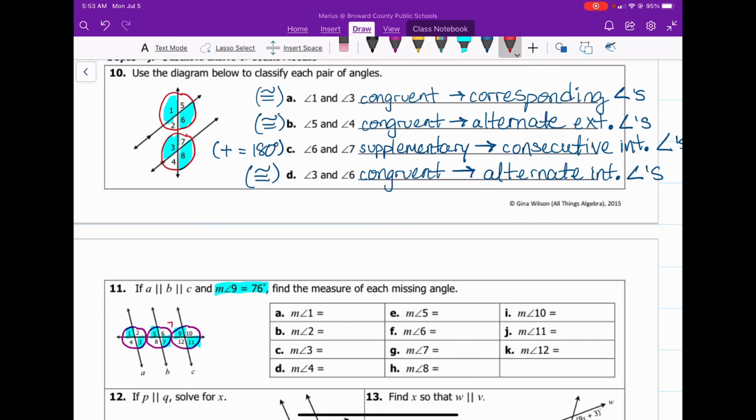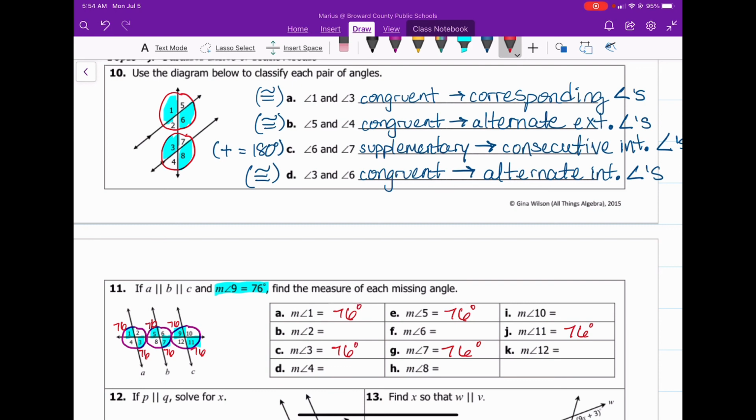So I could put 76 right here, 76 right there, 76 by the 7, 76 by the 5, 76 by the 1, and 76 by the 3. So 76 degrees each. Let's put our degree symbol.